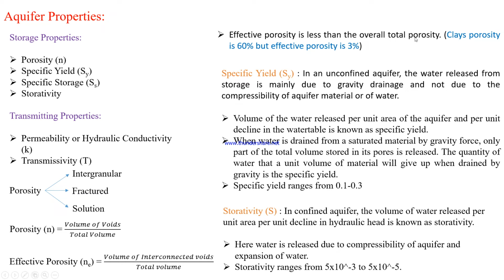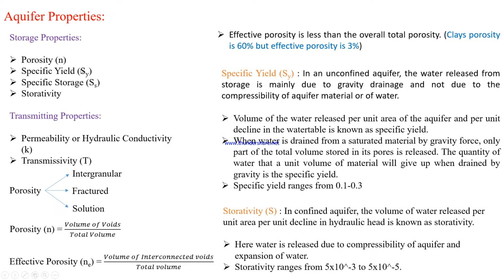We know that clay has more porosity, but sand has very little porosity. But while coming to effective porosity, clay has less effective porosity because in the clay there will be no interconnectivity between the voids, but in sand there is higher interconnectivity between the voids, so the effective porosity is higher in the sand, lesser in the clay.